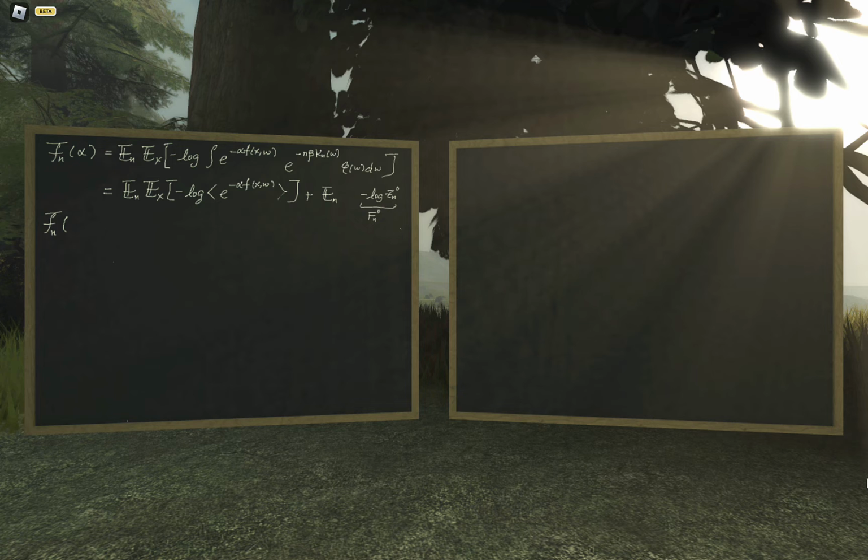So F_n evaluated at 0: that term goes away, and you are just evaluating the evidence, and that's the free energy. That's the second term.